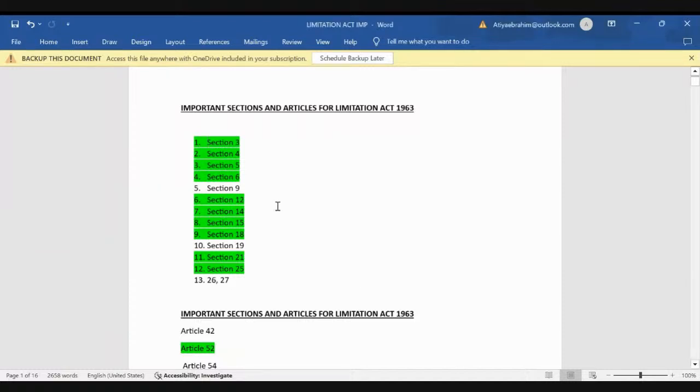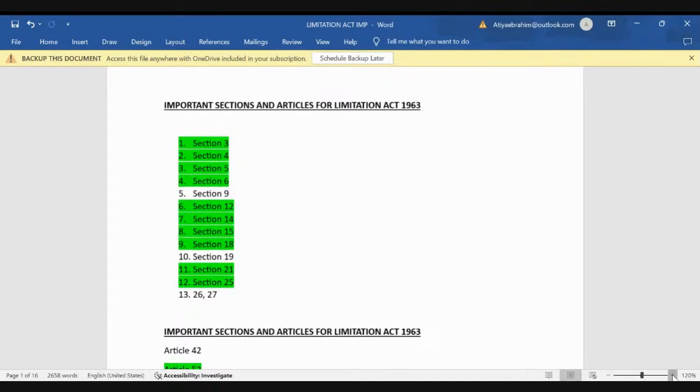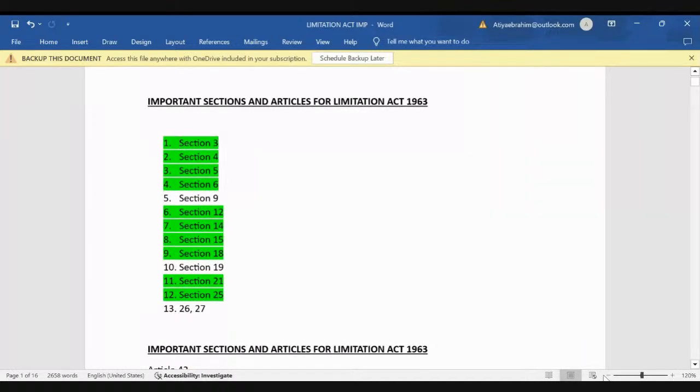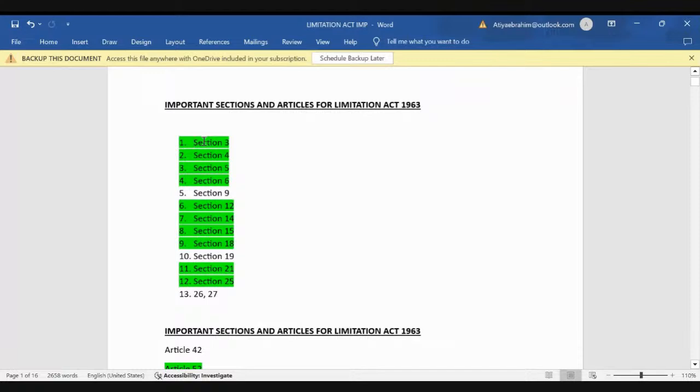So I'll just show you all the important sections and articles. See, please note this down. Section 3 is really important. 4, 5, 6, 9, 12, 14, 15, 18, 19, 21, 25, 26, 27.